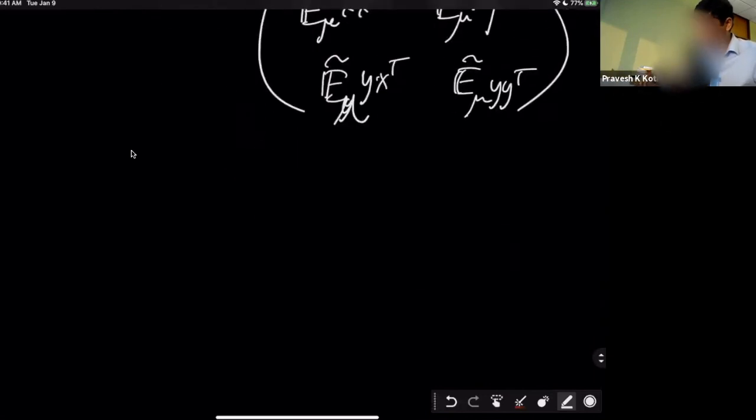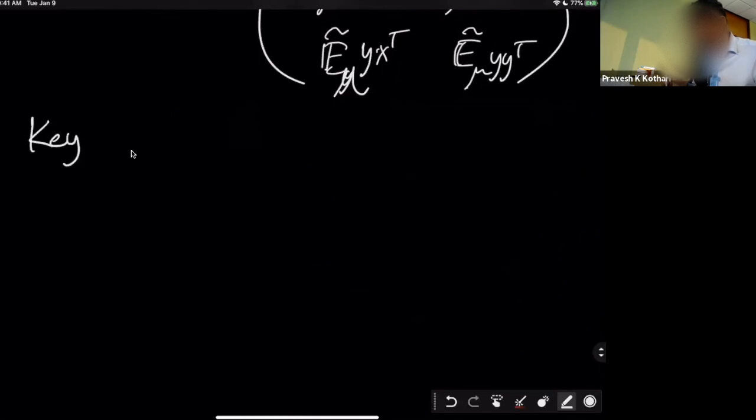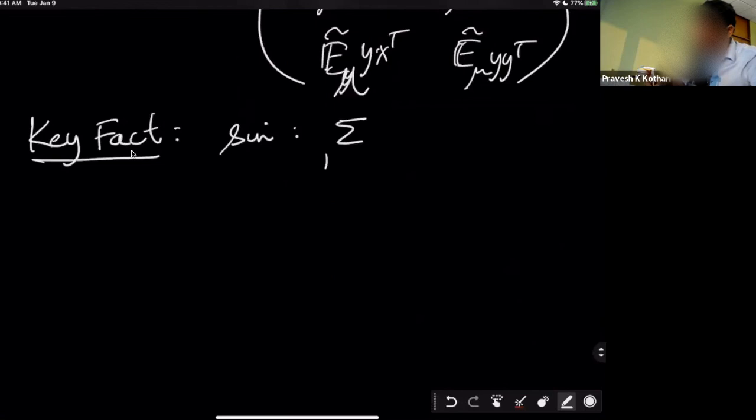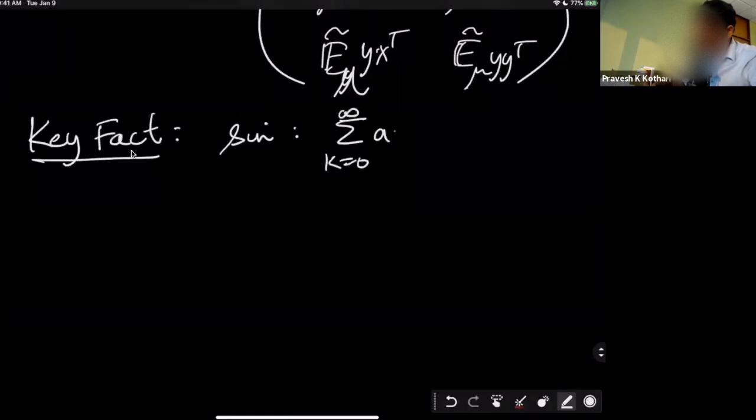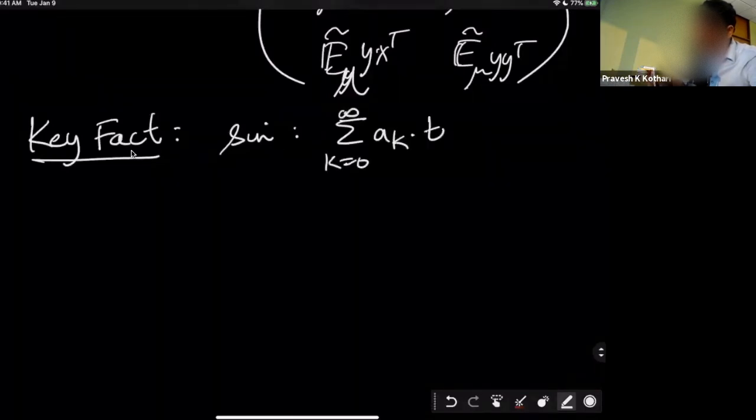So here is the key fact. Suppose the sine function, let's say in the interval -1 to 1, has a Taylor expansion, with sine of t equal to a sum of coefficients times t to the k.